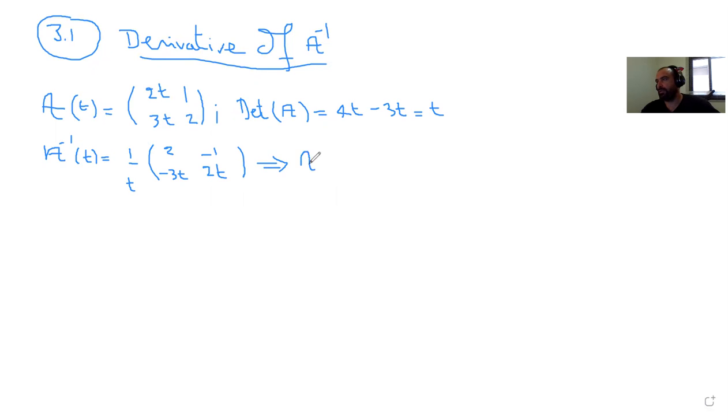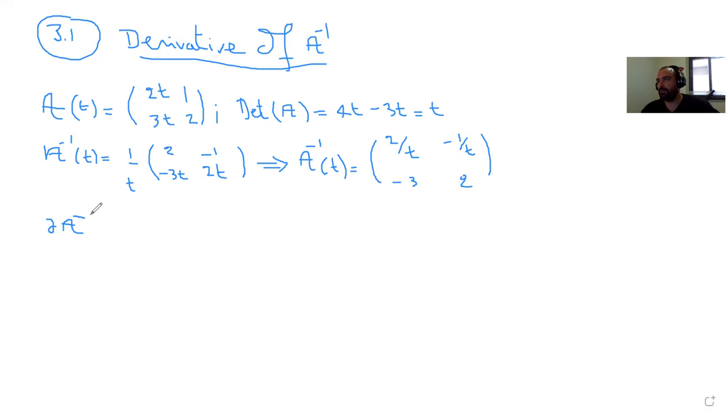Well, I could have written A inverse of t, first of all, just in a more compact form. So it's going to be 2 over t, minus 1 over t, minus 3 and 2.